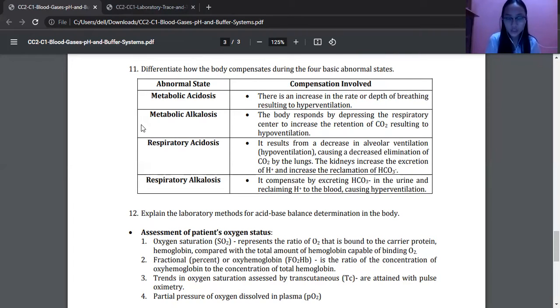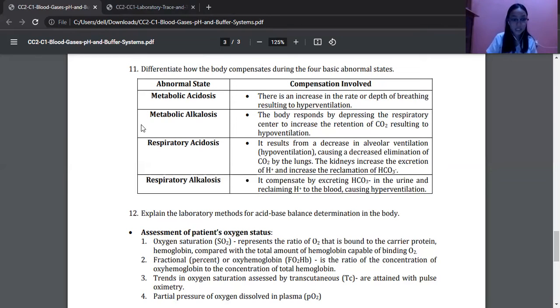For respiratory alkalosis, since there is an excessive loss of carbon dioxide because of rapid breathing, causing hyperventilation, the kidneys will excrete the bicarbonate in the urine and reclaim the hydrogen ion to the blood.